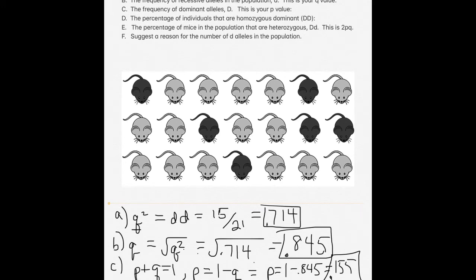Now D is asking us for the percent of individuals that are homozygous dominant. Now remember, the individuals that are homozygous dominant, those individuals that are big D, their variable in the Hardy-Weinberg equation is just p squared.